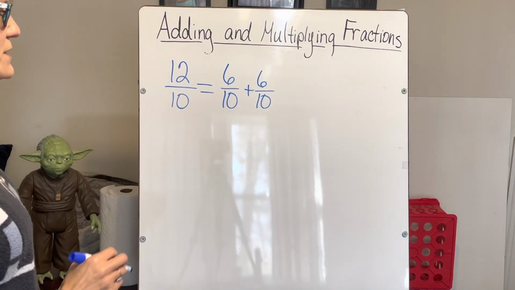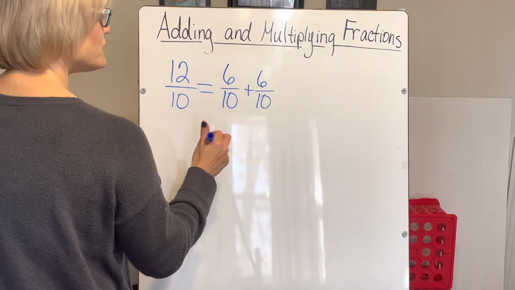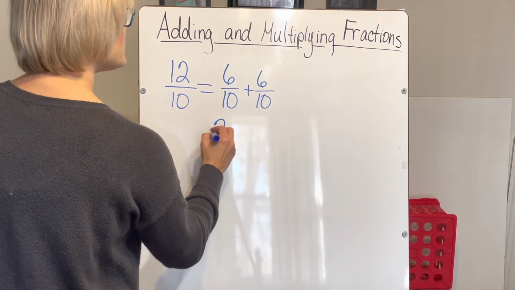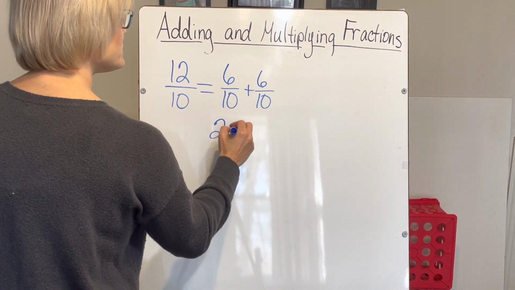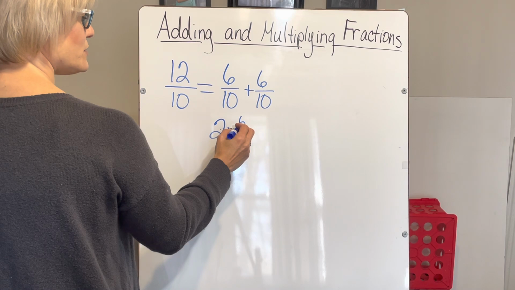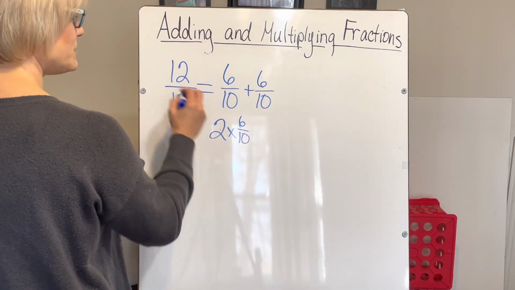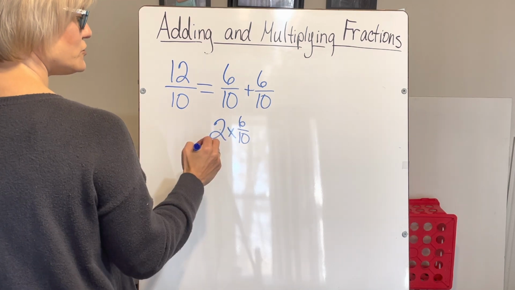That would give me 12 tenths. So how many of those do I need? Well, I need 2 of them. I need 2 times that amount. So I need 2 times 6 tenths. Do you notice 2 times 6 gives me 12? And then my denominator stays the same. So there's 2 of those.